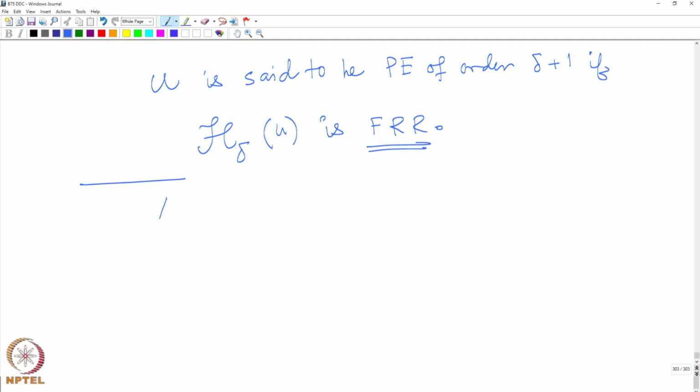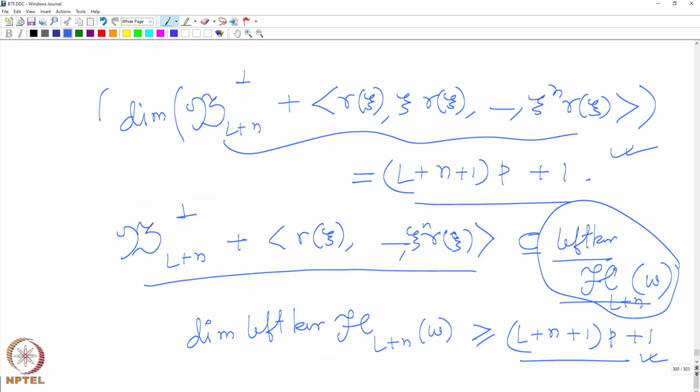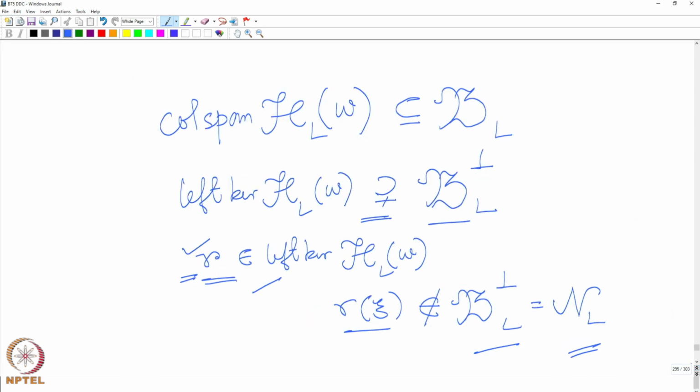So now we are going back to our condition before, the things that we were trying to prove. We are trying to find out conditions under which this is true. Right.